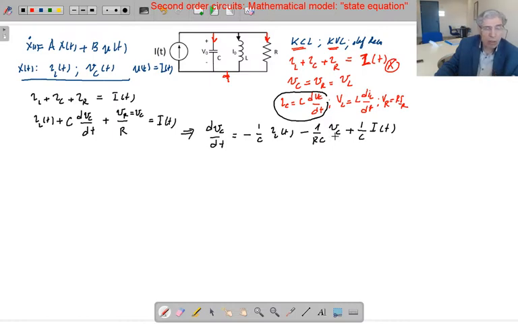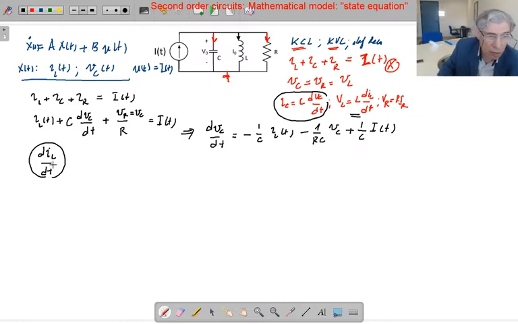But this is only one equation. I've got to find the other equation. In the other equation, I'm going to see the derivative of the other state variable, that means dIL over dt. I could see that in the definition relation of this inductor here.